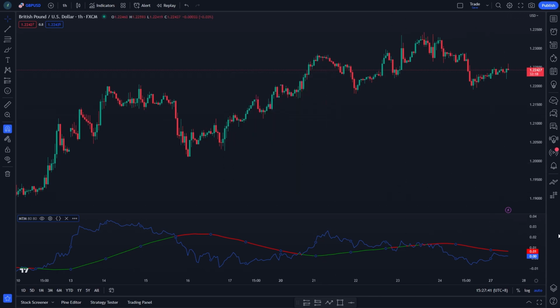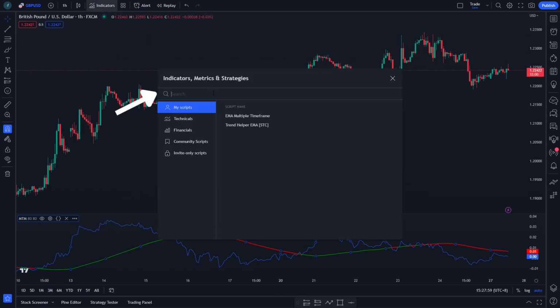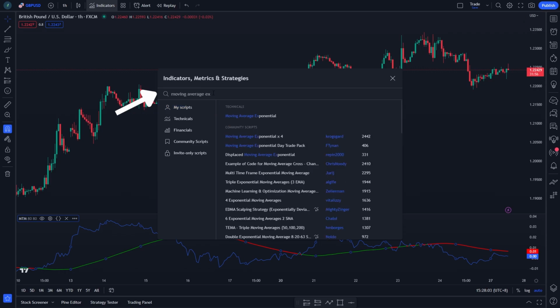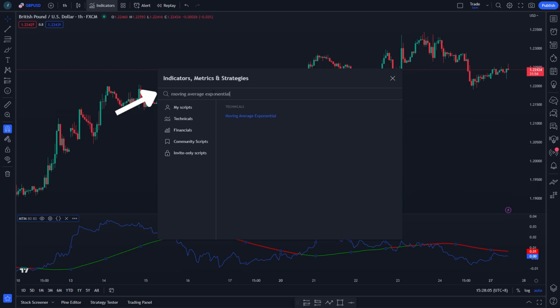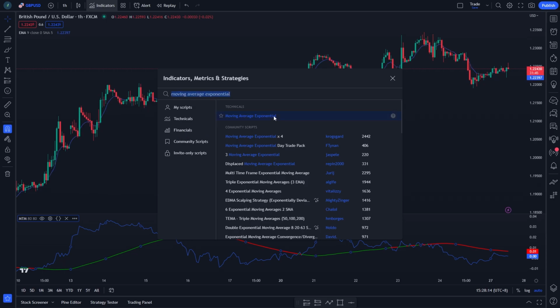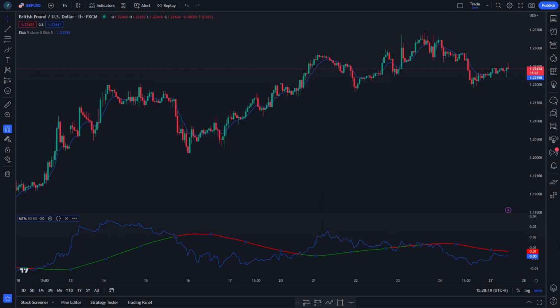Next, for the second indicator, search Moving Average Exponential. Follow my settings on this indicator.